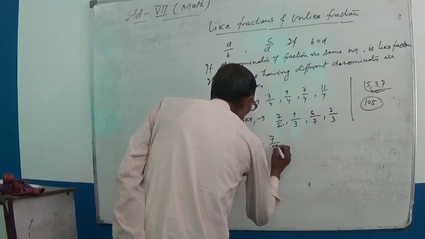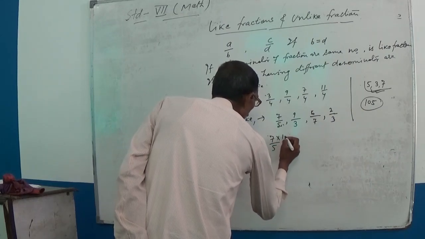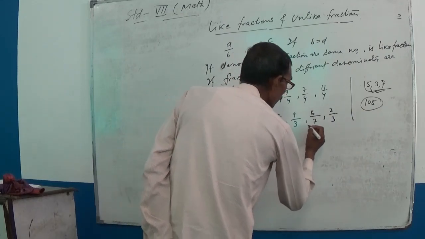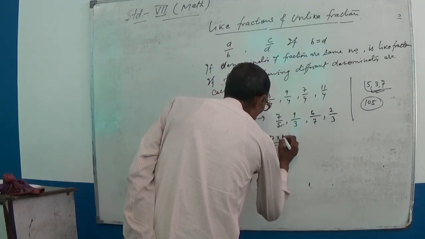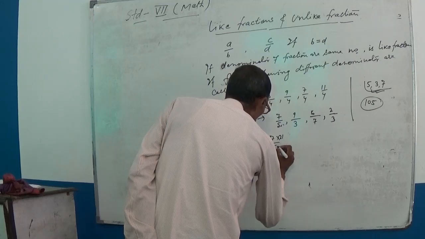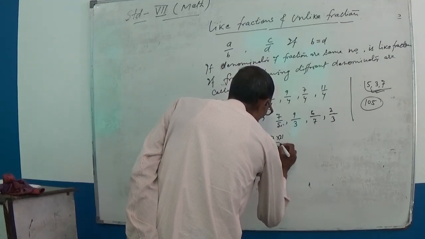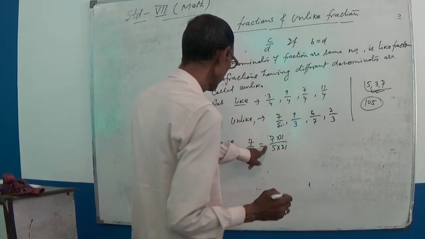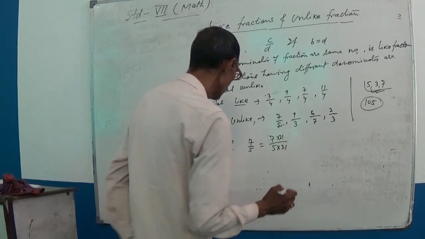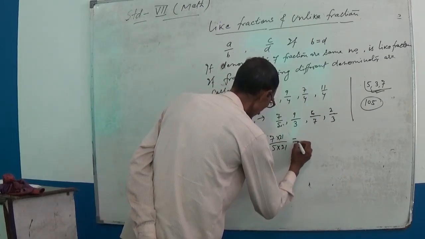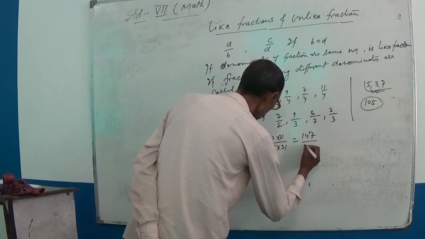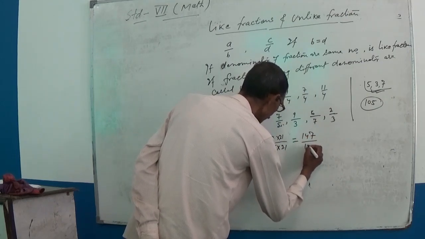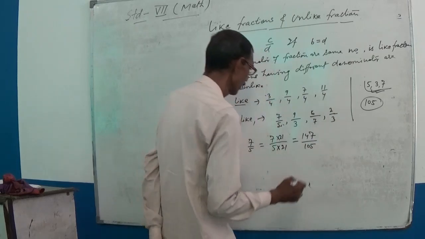7 by 5, multiply numerator and denominator by 21, gives 147 by 105.